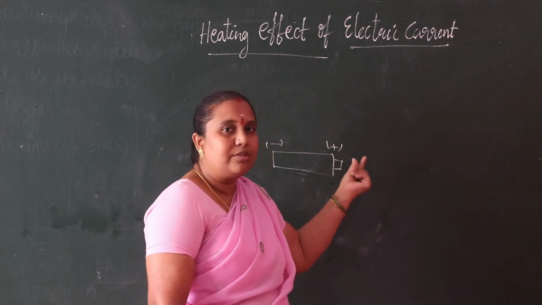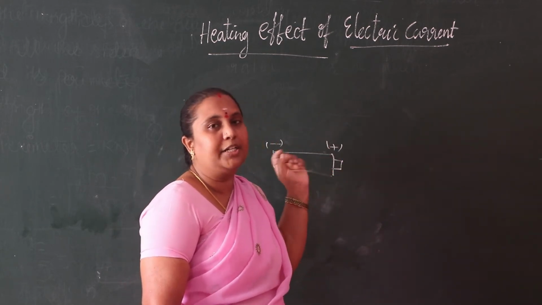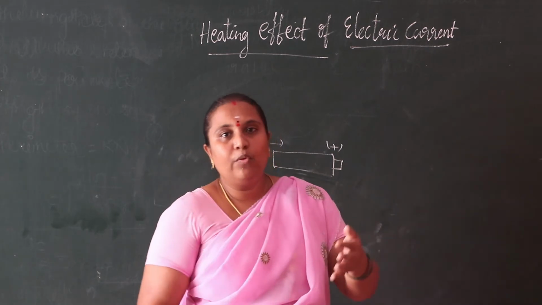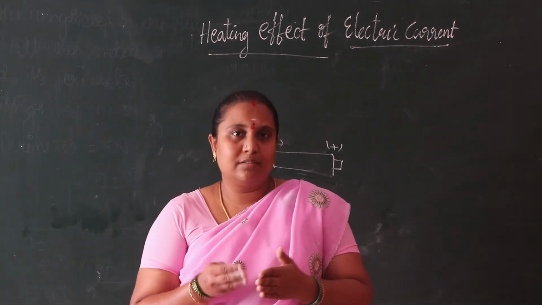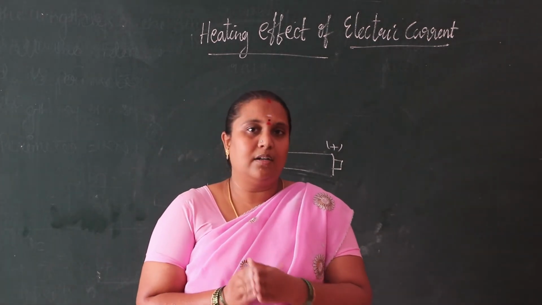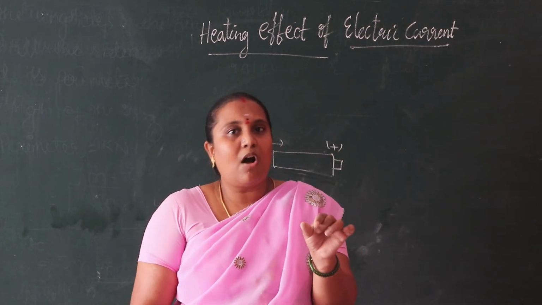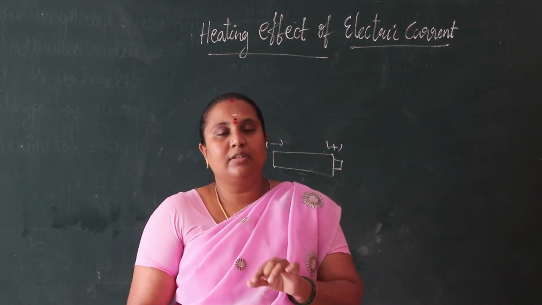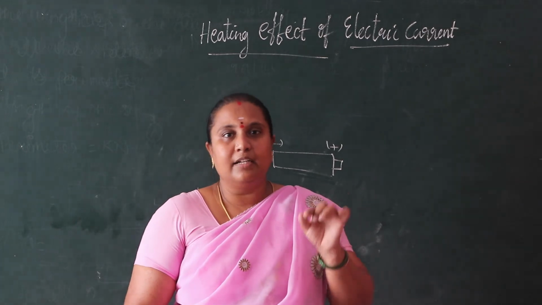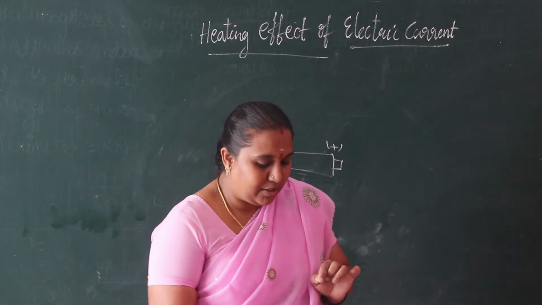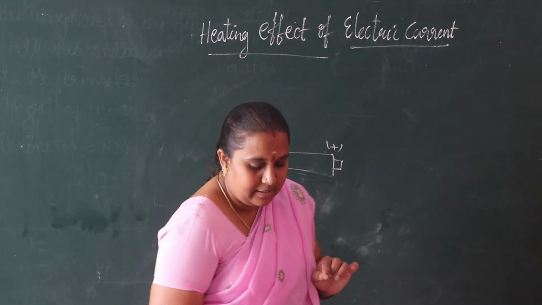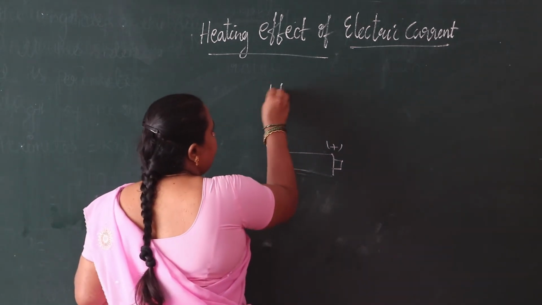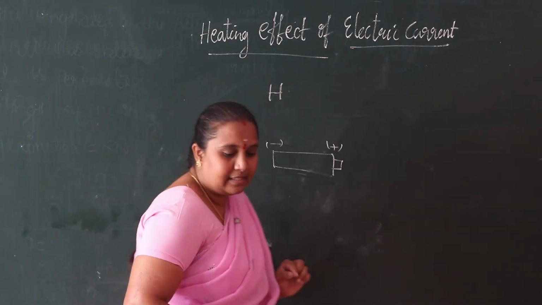While it is being used, the electrons are moving continuously. While moving, the electrons are touching one another, and there is a producing of electric heat. Electric heat we can mention as H.